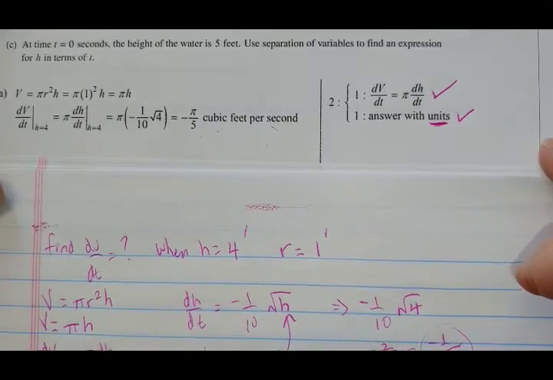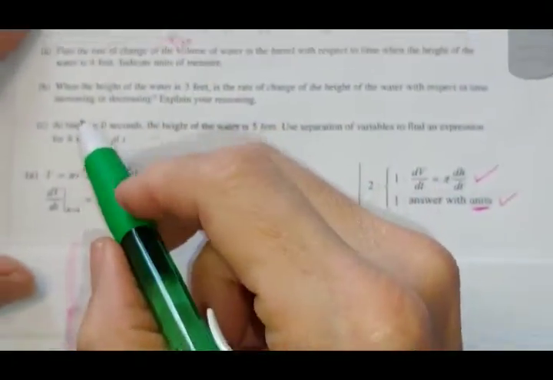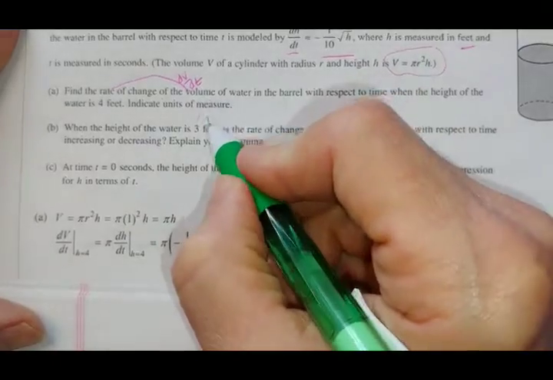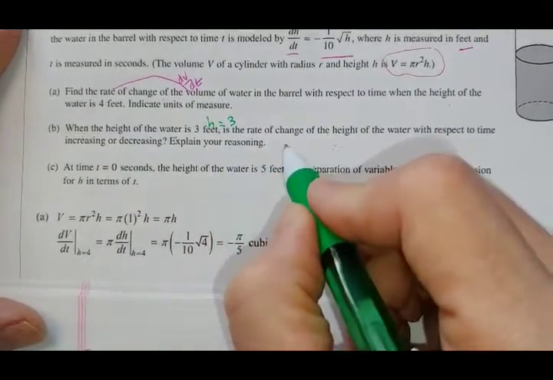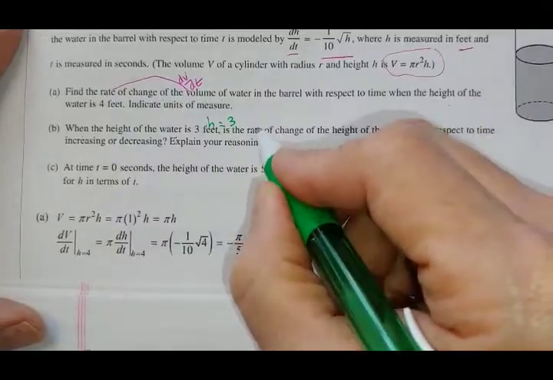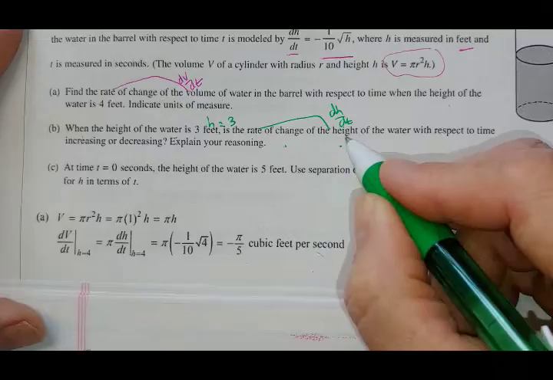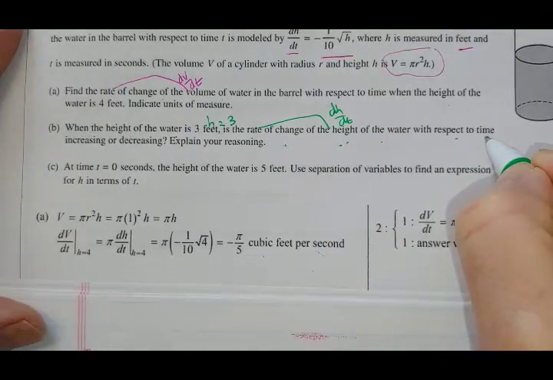All right, letter B, let's change colors here. Letter B says, when the height of the water is 3, so h is equal to 3, is the rate of change of height, dh/dt, increasing or decreasing?